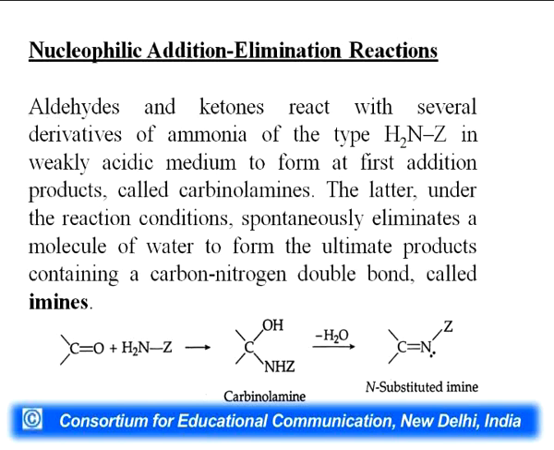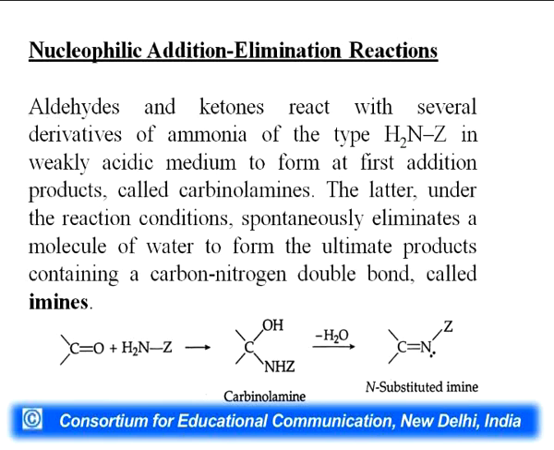You can see in the reaction that when aldehydes and ketones react with a derivative of ammonia, first one hydrogen is replaced by the group Z. That is why it is known as a derivative of ammonia. The product first formed is carbinolamine, and on elimination of a water molecule it will give you N-substituted imine. Why N-substituted? Because the substituted group is attached to the nitrogen.